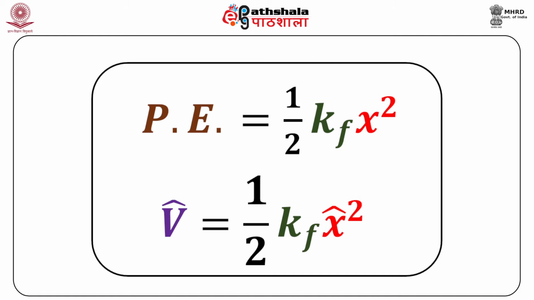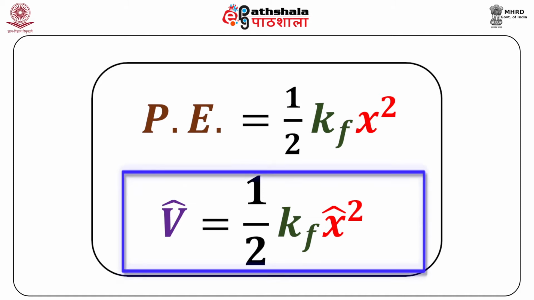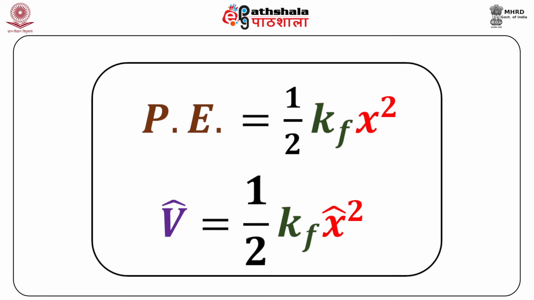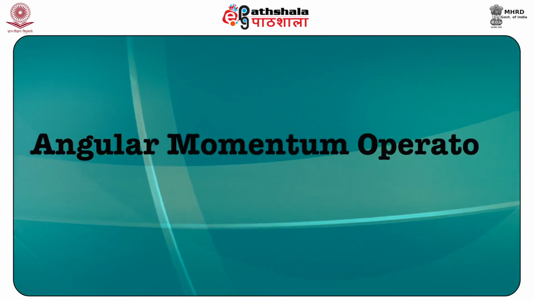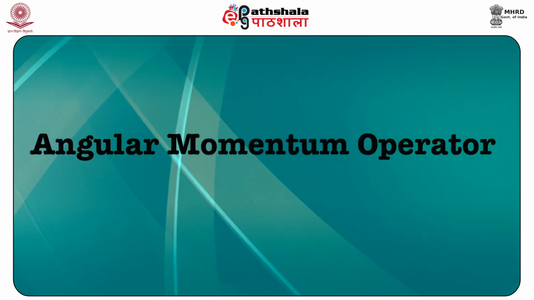Now if we have to write the quantum mechanical operator for this potential energy, which is V cap, that will become half kf x cap square. So for x we will write x cap square, and that becomes the potential energy operator for the linear harmonic oscillator. Now we will discuss angular momentum operators.